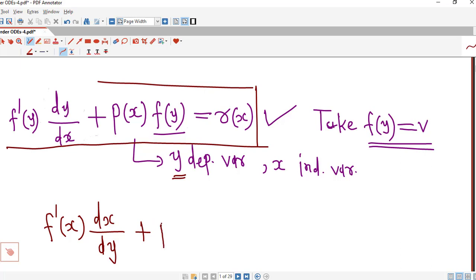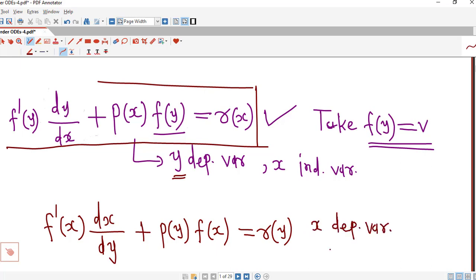Here I have p(x), so instead of x I write y. Here I consider f(x) equal to r of y. So in this equation x is the dependent variable and y is the independent variable. The roles of x and y are interchanged.